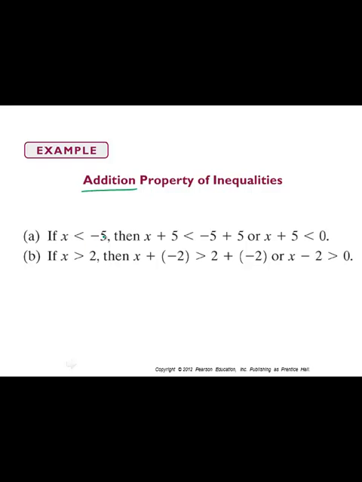If x is less than negative 5, and you add 5 to both sides, then you have x plus 5 is less than or equal to 0. Or if x is greater than 2, and you were to add negative 2 to both sides, then you would have x minus 2 is greater than 0, which is an equivalent statement. So when you add the same amount to both sides, you have an equivalent inequality that is still true, provided that the original inequality was true.